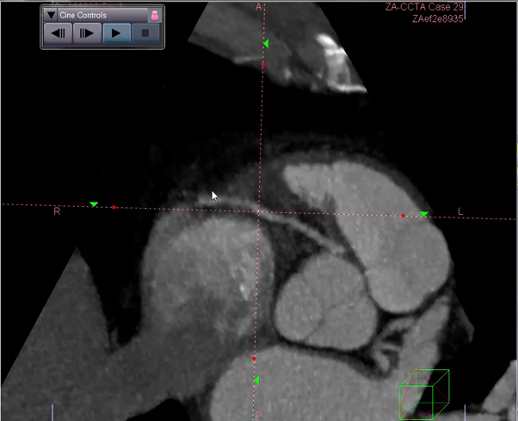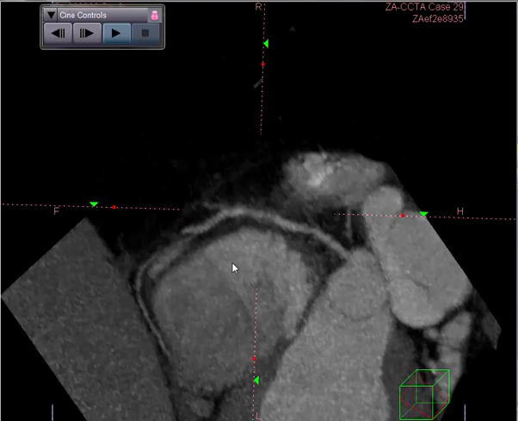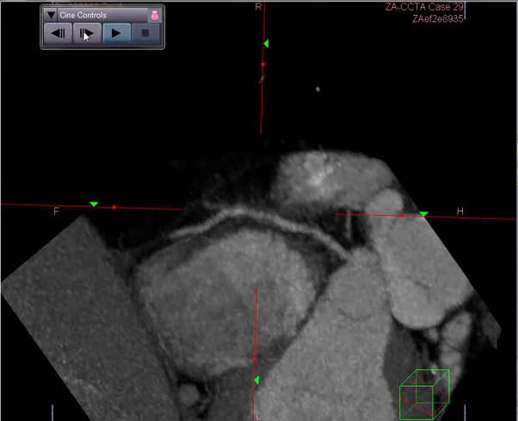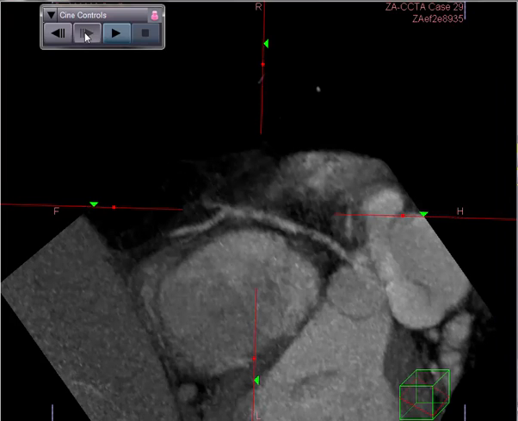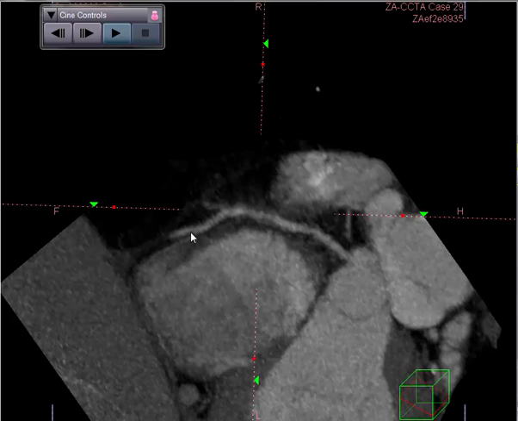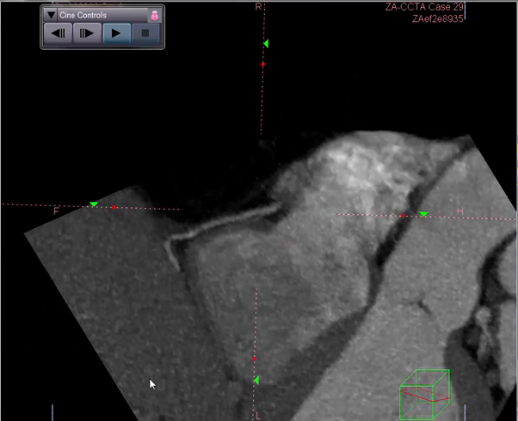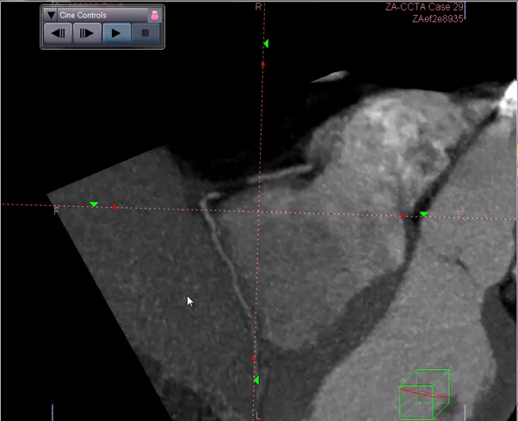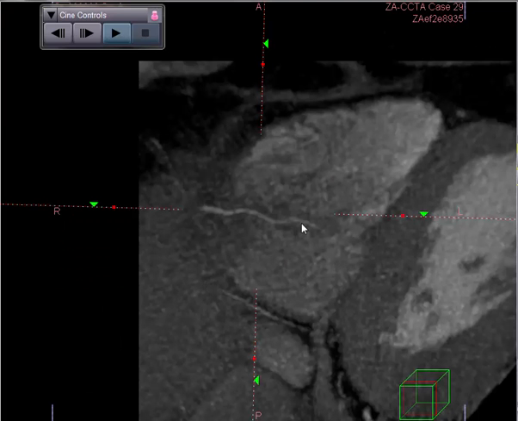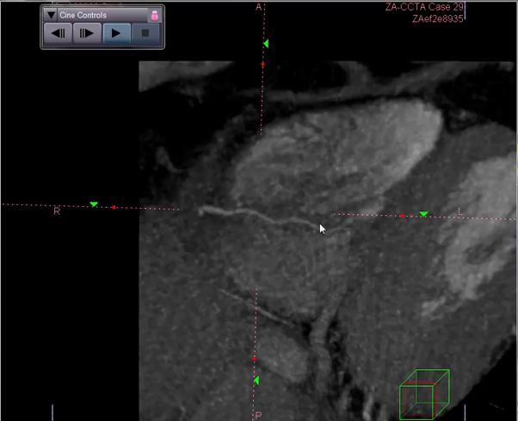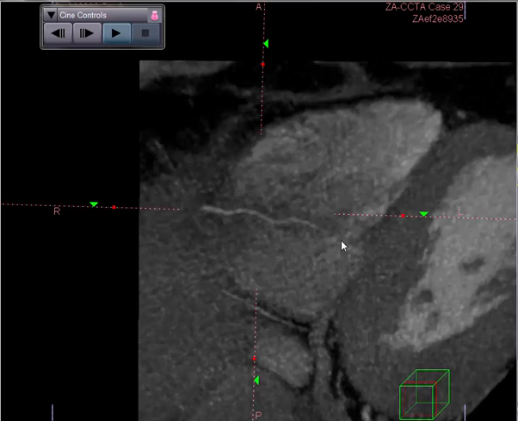There clearly is a fuzzy area right here, which is probably more of a motion artifact. Again, switching to another phase doesn't seem to really help, and then we can see the vessel proceeding down to the distal aspects and then down to the distal portion of this vessel. There's an acute marginal coming across, which also helps supply a portion of the inferior septum.